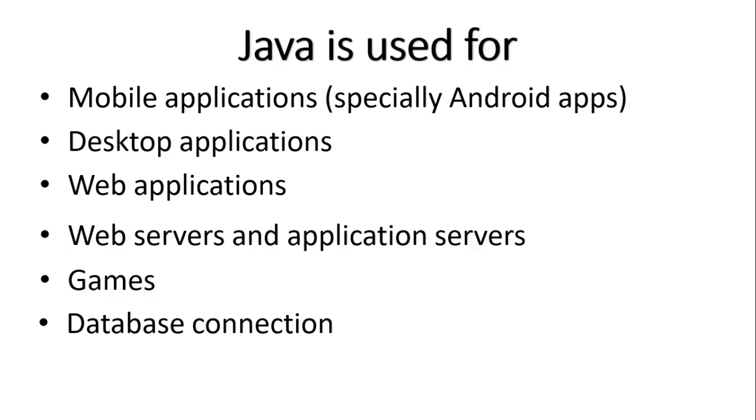And Java is used for database connection. There are many ways how we can connect databases with each other, so Java is used for database connection also. Now I hope you're understanding how important Java is, and how common a programming language it is, right? Once you learn how to write codes in Java, you can design games, you can build mobile applications like Android applications, and web applications.